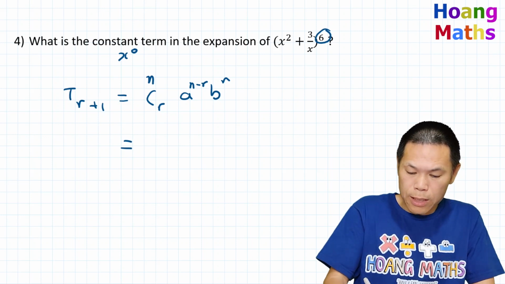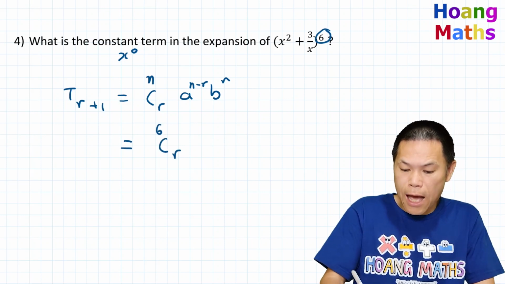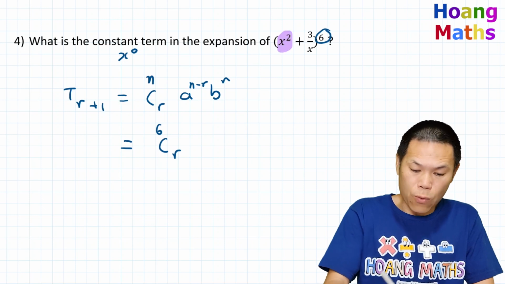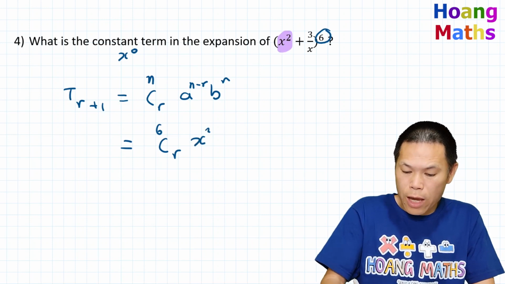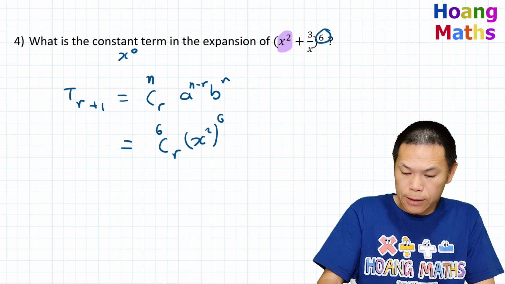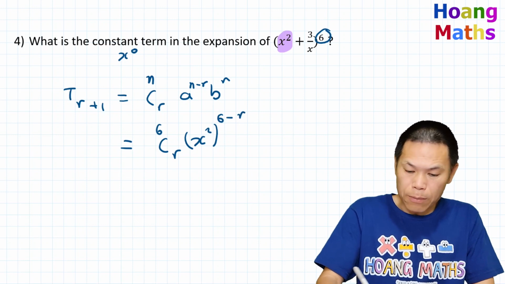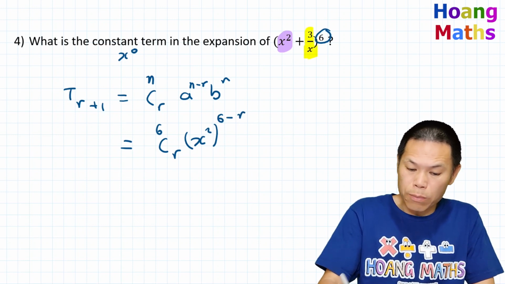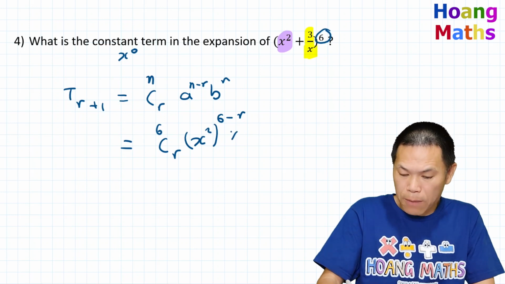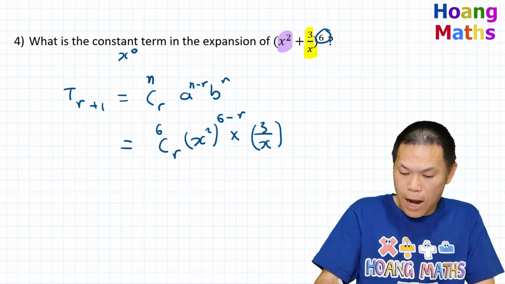So that will give me 6 C R, a is x squared, so x squared power of 6 minus R, and b is 3 over x. So we have times 3 over x power of R.